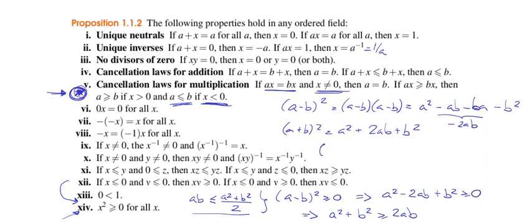And finally, (a plus b) times (a minus b) is a squared minus ab plus ba minus b squared. So this is a squared minus b squared.